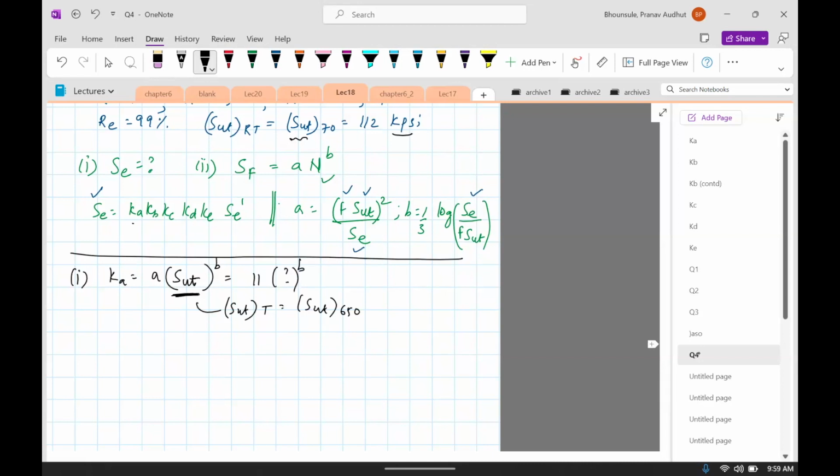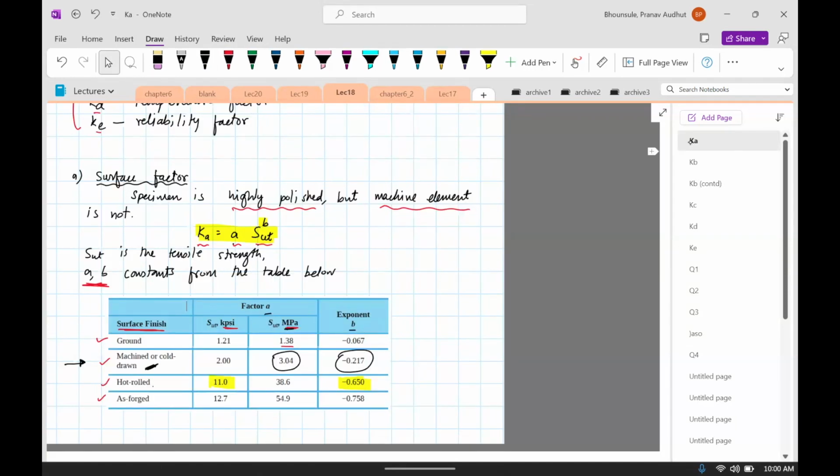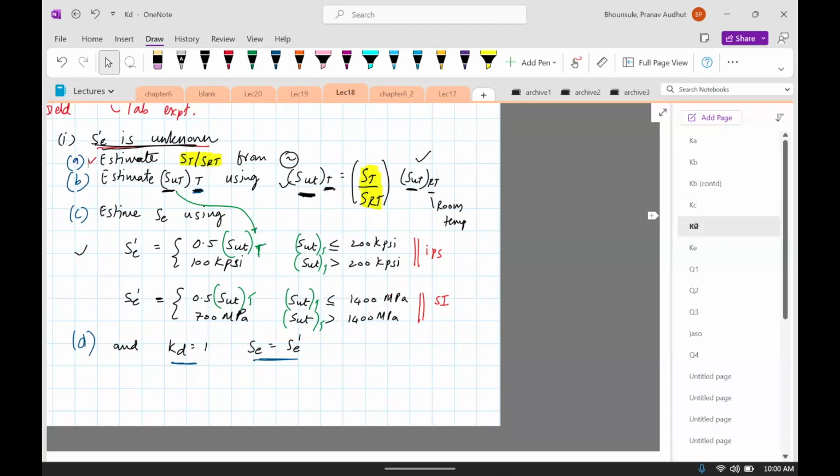So let's first try to go through the temperature effects. Without the temperature effects, we can't really proceed. So we can't do this unless we know the ultimate strength at 650. That's what we'll have to do. Okay, so let's look at the factor KD before we get along with this.